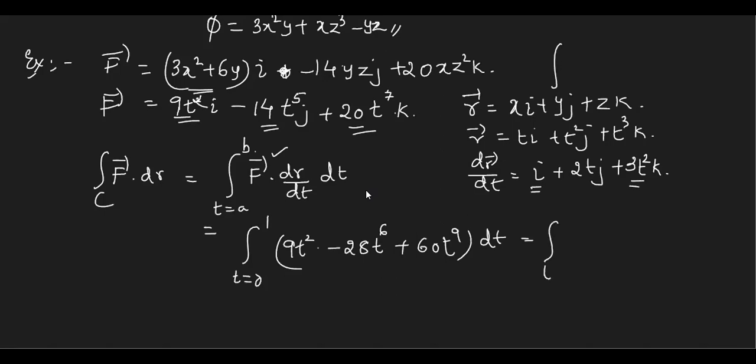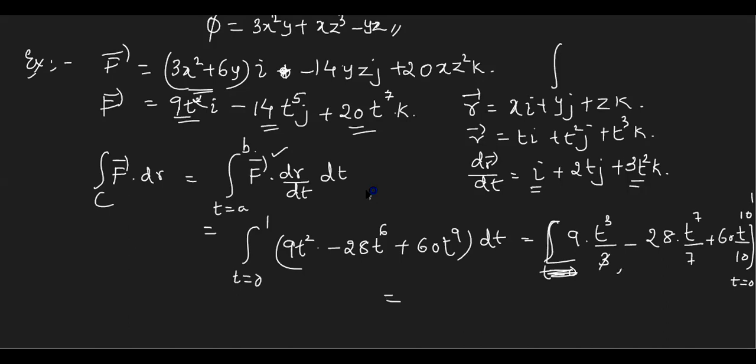Now let us integrate, t varying from 0 to 1. 9 into t square means t cube by 3. Minus 28t raised to 6 means t raised to 7 by 7. 60t raised to 9 means t raised to 10 by 10. t varies from 0 to 1.